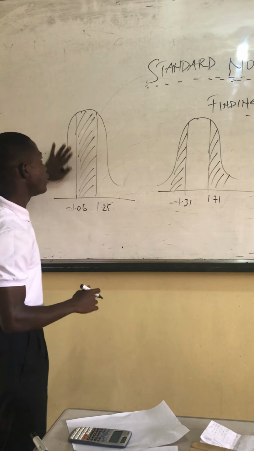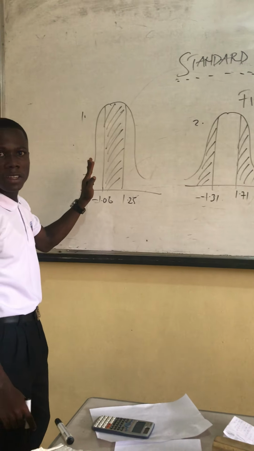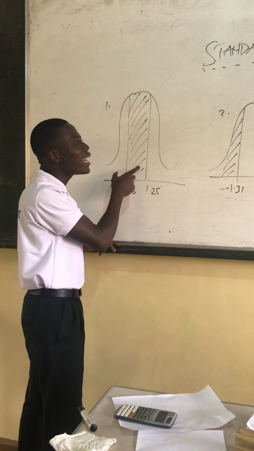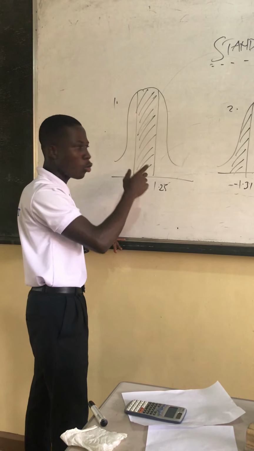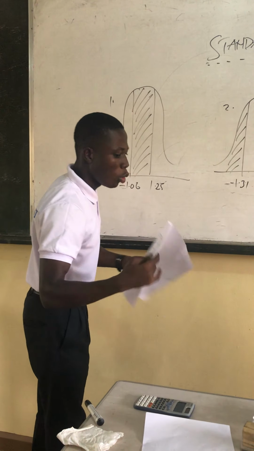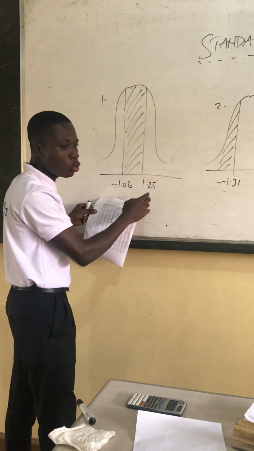So whenever you are given a distribution like this, because they have shaded the middle, you use your table to find this area. So you use your table to find 1.25.